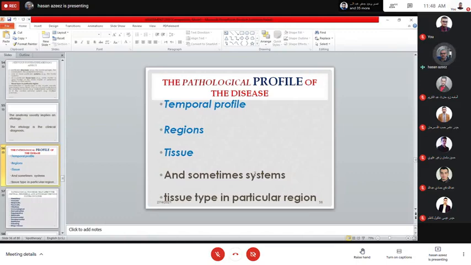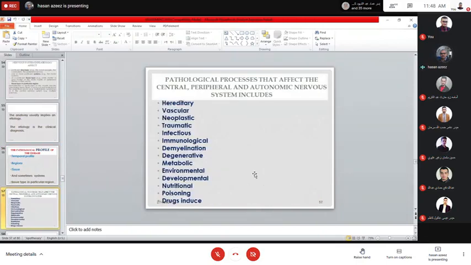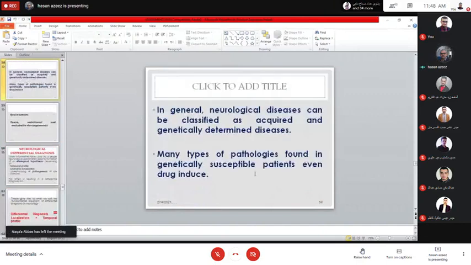A peripheral nerve region, okay, but only the axons. So we cannot diagnose, for example, Guillain-Barré syndrome, which is demyelination, in patients with axons affected. This is the type of pathological process in neurological disease.